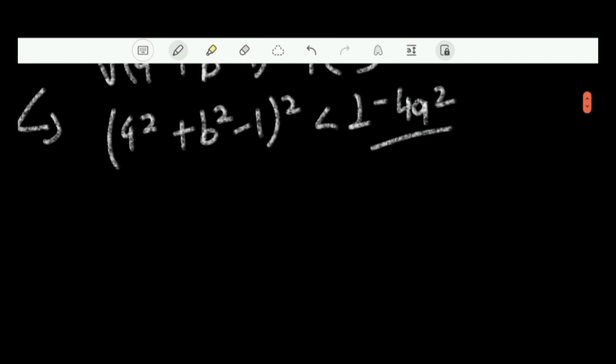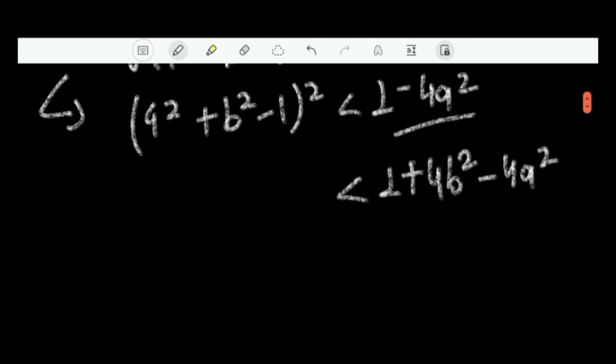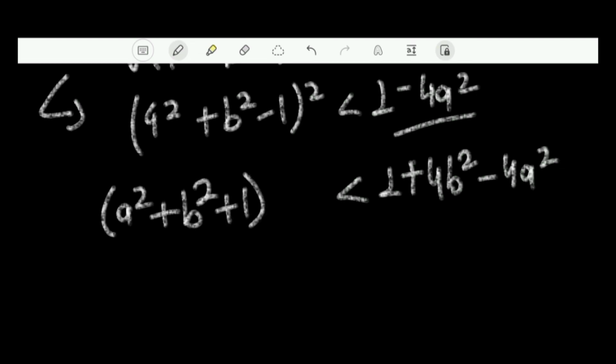So what we can do is add the 4b square on this side, and since we added a new term, we have to add it on both sides, so 4b square over here also.